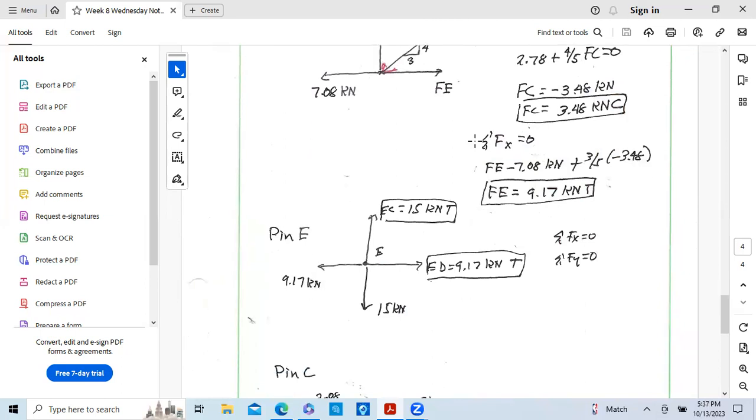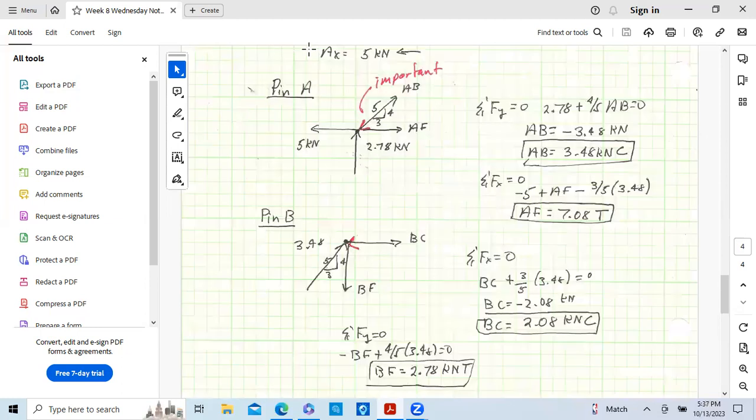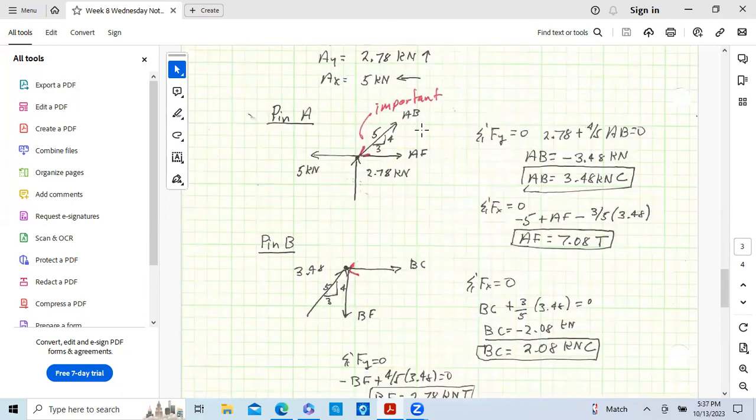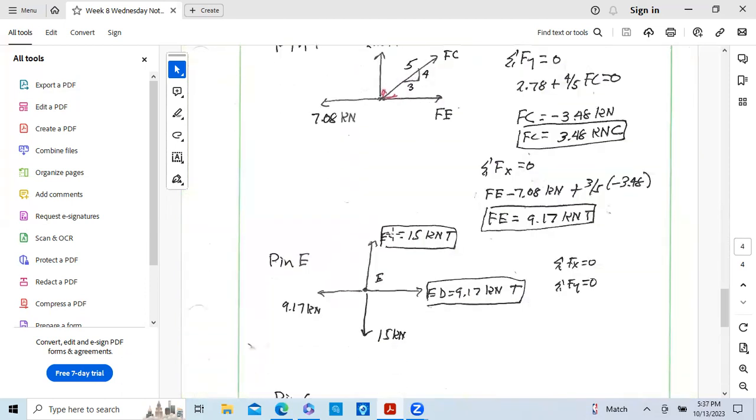So there's pin F. Then we're going to go to pin E, and this one's easy. Do this by inspection. Okay, so we go to pin E. 9.17 kilonewtons, D, 1.5 kilonewtons tension. 15 down where it is.